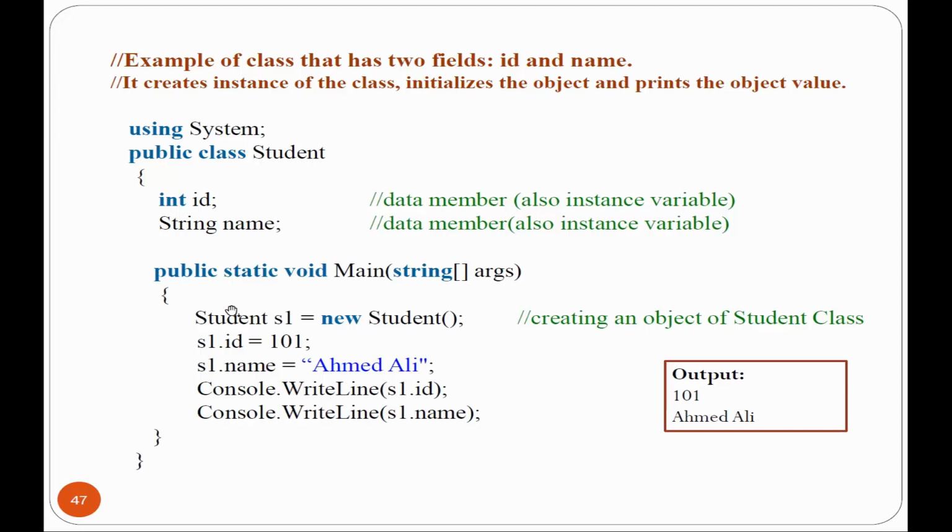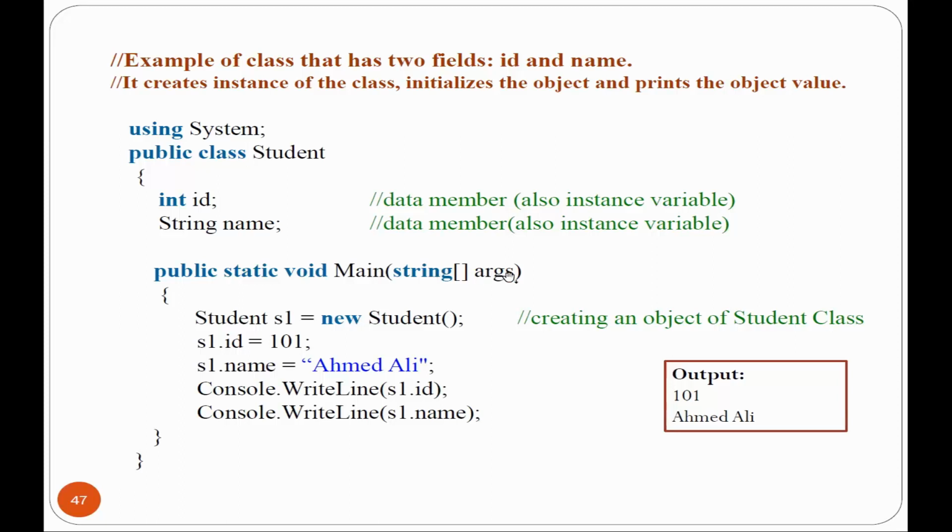We are creating an object for class student, but to execute the main method we don't have anything to create an object for. So we put the static keyword here. In our compiler, this feature is already built in, so we do not need to create an object to access the main method. Directly put the static keyword and it will be triggered to execute the main body in your program.